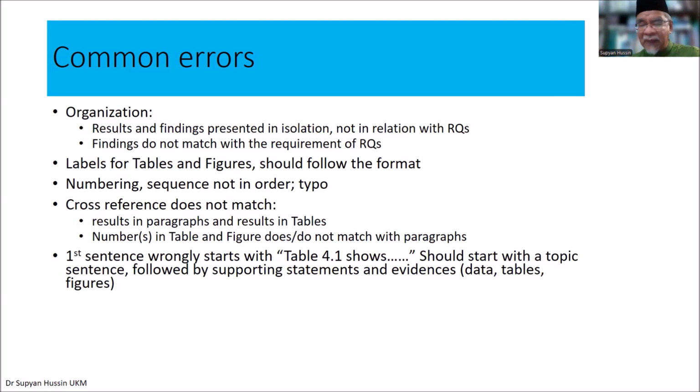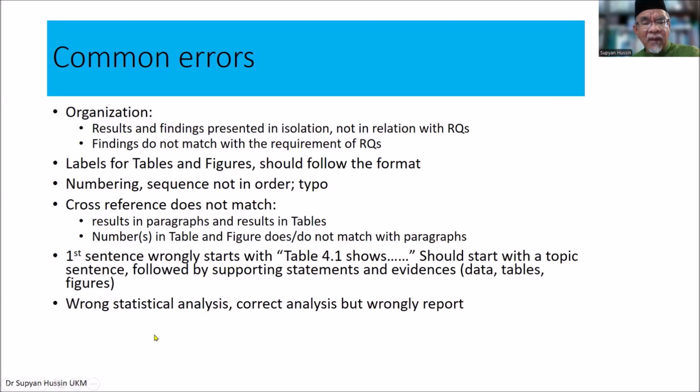So you must have one statement as your argument, then you present your data. Okay, wrong statistical analysis. This is common. This also happens. Correct analysis but wrongly reported. Maybe you have done correctly. The analysis is okay, acceptable, but you report wrongly. So this is another issue.